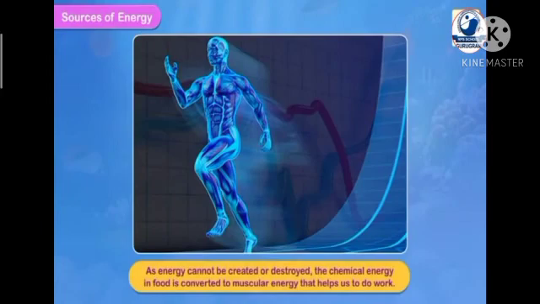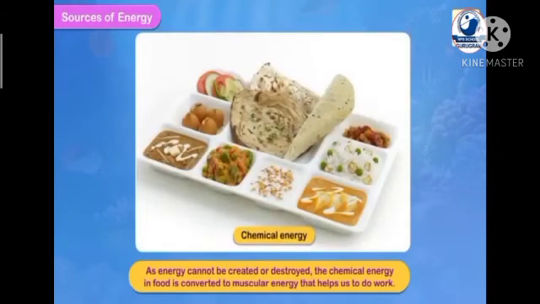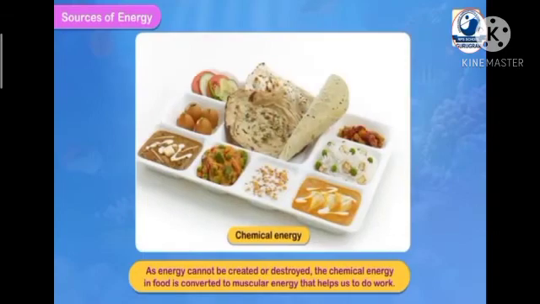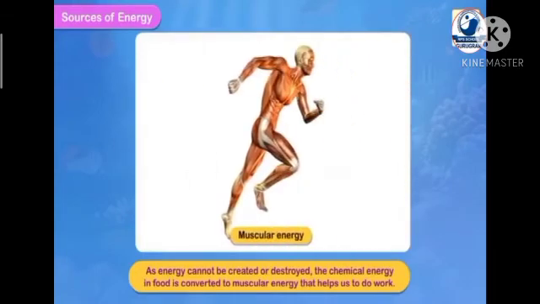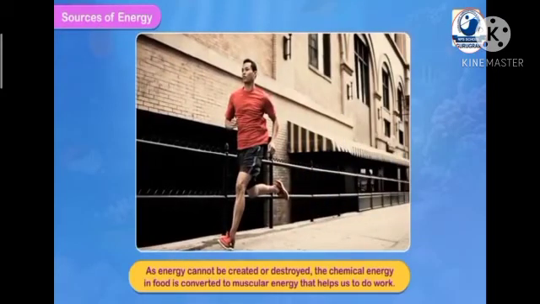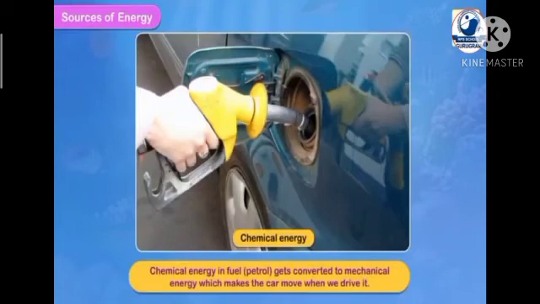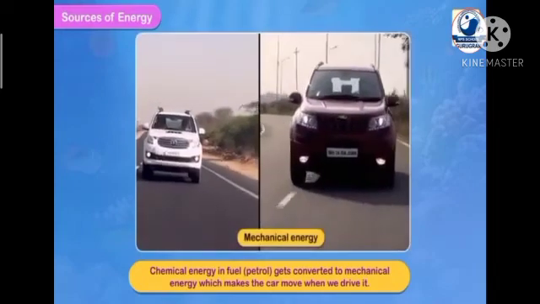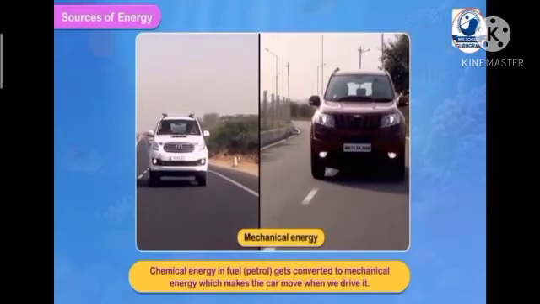As energy cannot be created nor destroyed, the chemical energy in food is converted to muscular energy that in turn helps us to do work. In the same way, chemical energy in fuel, that is petrol, gets converted into mechanical energy, which then makes the car move when we drive it.